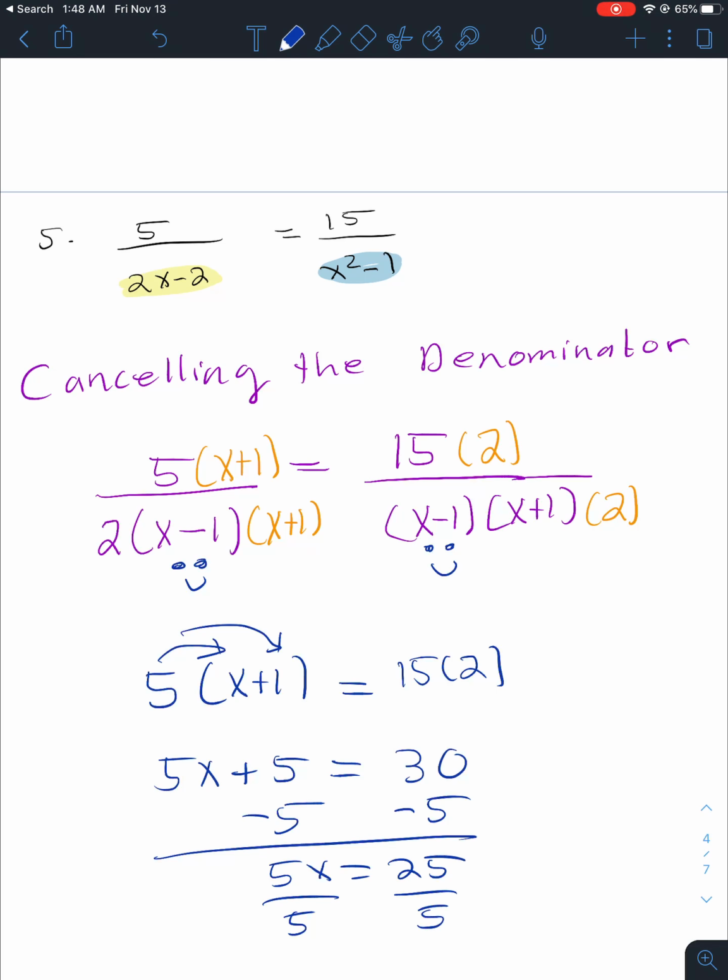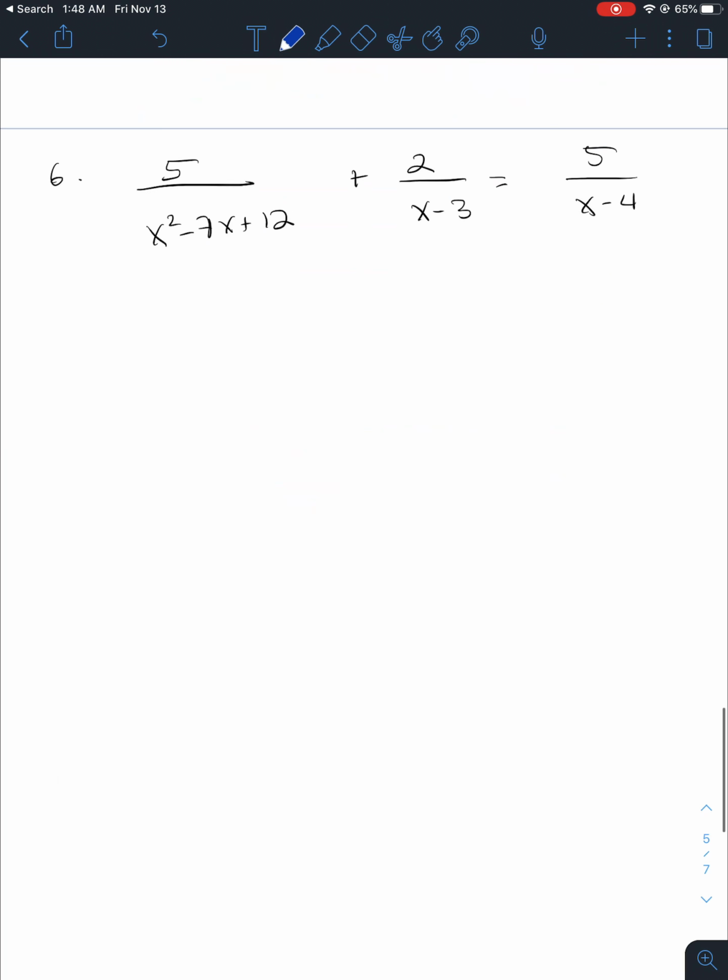And then divide by 5. And you get x equals 5 as your answer. So, as you can see, it gets fun here. I think canceling the denominator is definitely a good method here. You could have used cross multiplication, but you're going to see that that would have been a little harder to do than this.